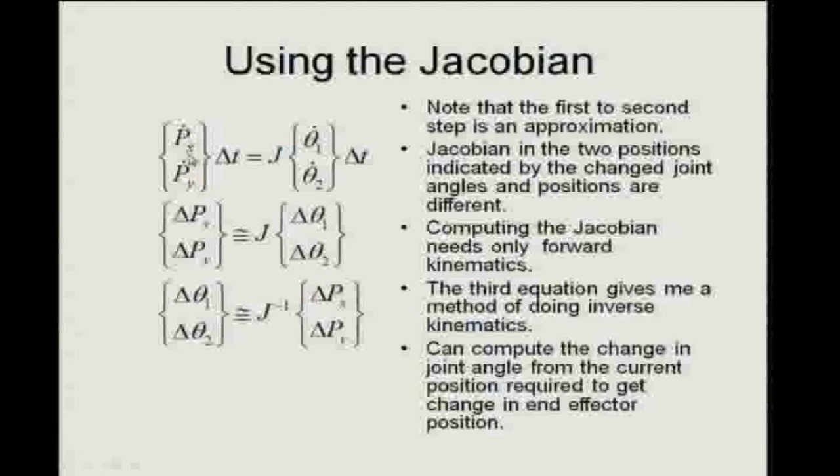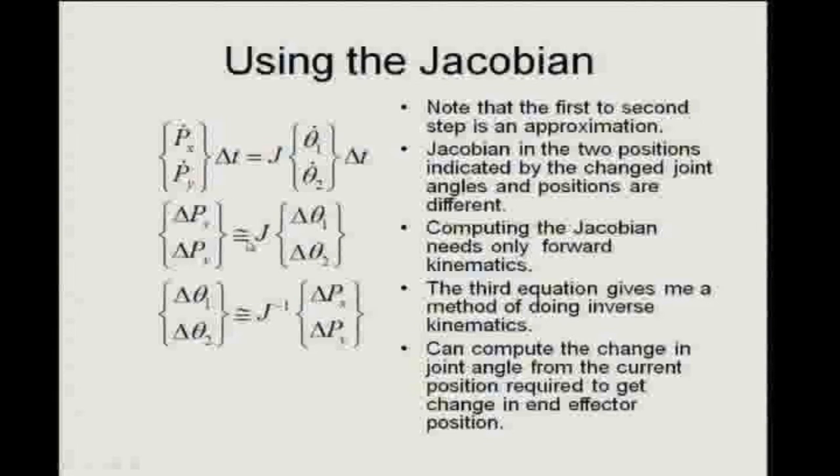If I multiply px dot with an infinitesimally small time difference, you get dpx, right, which is very small. That doesn't help me practically. So here I am getting a finite position difference. Similarly, I am getting a finite angle change.